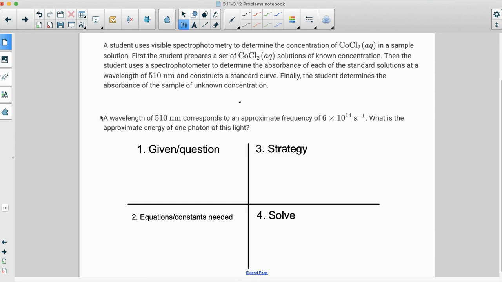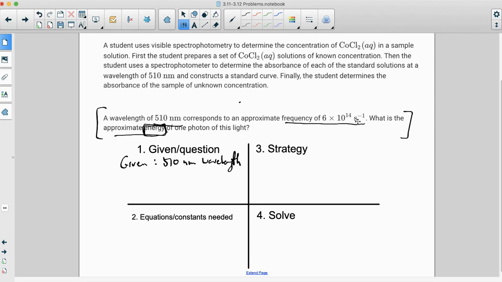All right, so we're going to go down to the actual thing that we need to answer, and it says a wavelength of 510 nanometers corresponds to an approximate frequency of 6 times 10 to the 14th seconds to the minus 1. What is the approximate energy? I'm going to box that. That's my question here, of 1 photon of this light. So here again, let me put down my givens. Given, I got 510 nanometers, and it tells me that's the wavelength.